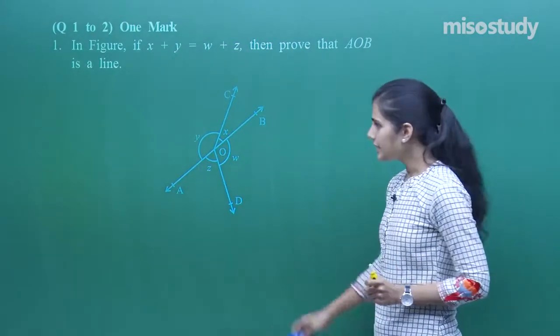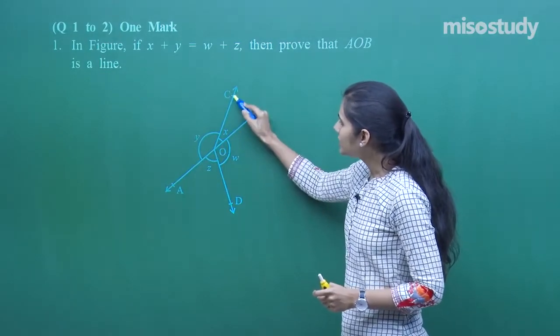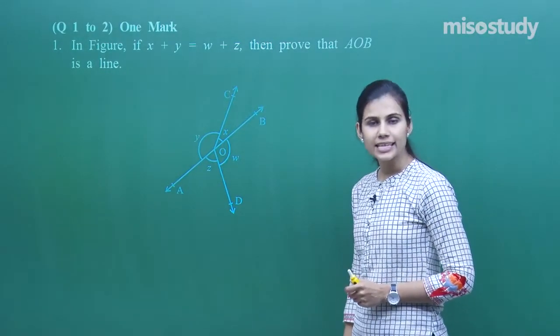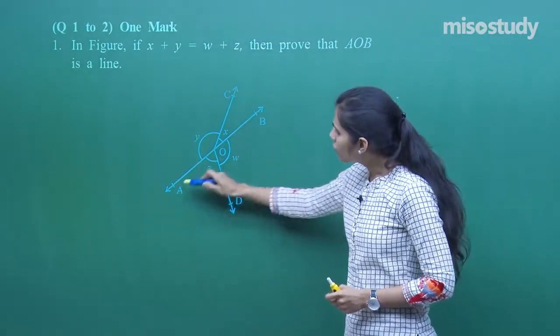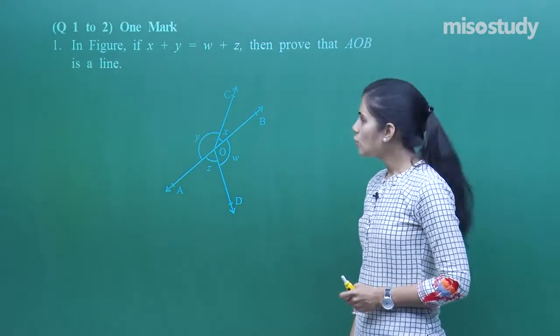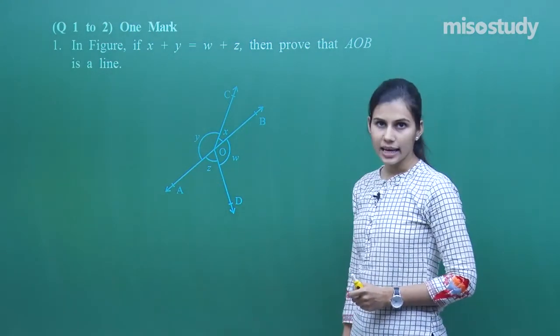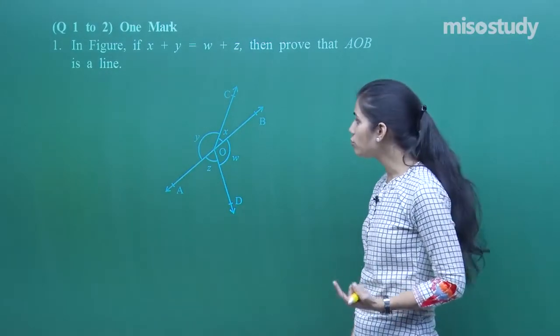If you carefully see AOB, OB and OC are actually rays which are arms of angle x, and OC and OA are rays which are arms of angle y. So when the question is asking you to prove AOB is a line, it is actually asking you to do what?